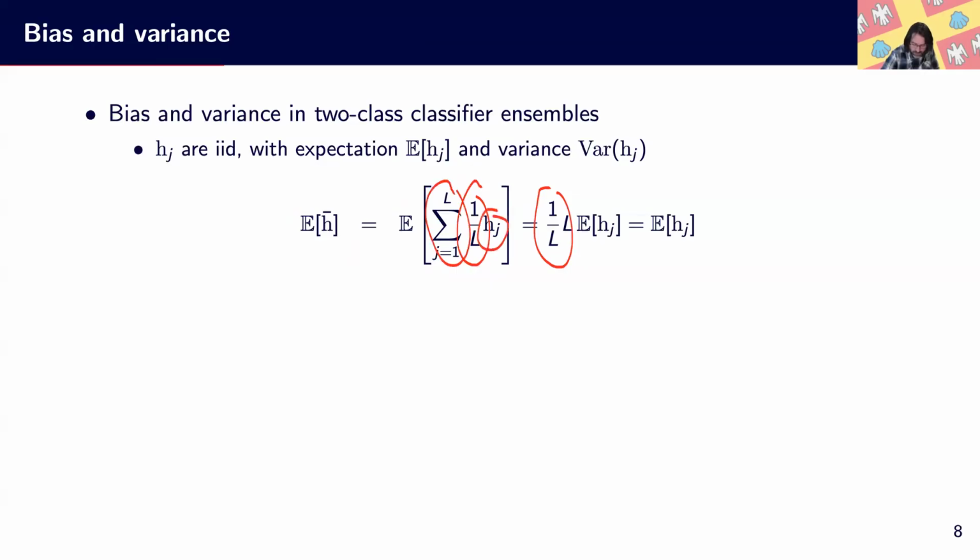This is basically the expectation of Hj, but L times. We do L times the expectation of Hj because we have this sum here, which is summing over the same thing, since it is the same over all Hj. So we have L times the expectation of Hj. And with this, we simplify to say that the expectation of the ensemble is the expectation of single models directly.